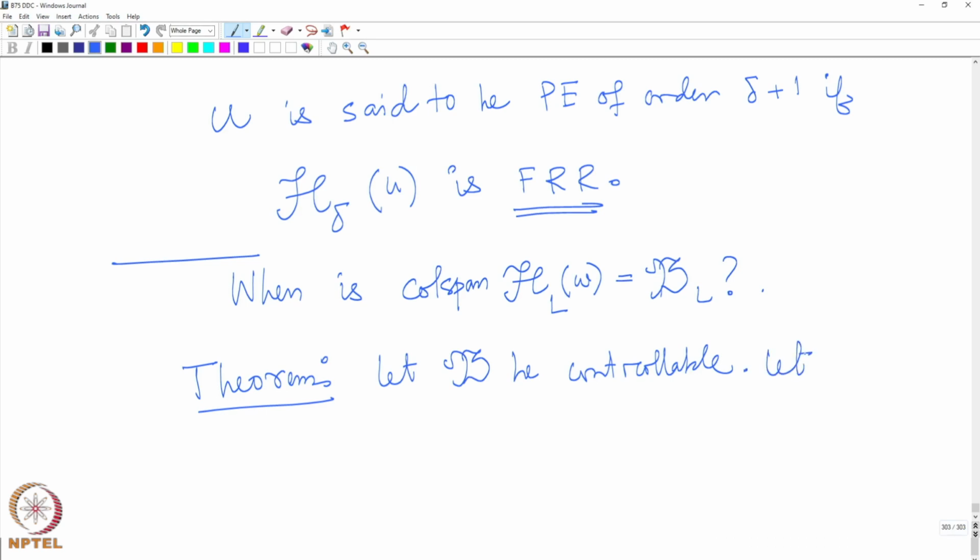Further, let the input u be persistently exciting of order n plus L plus 1. You see, I know this L, but I don't know this n a priori. We have to assume that we have some information about this n in order for this to be applicable. But we'll come to that later.